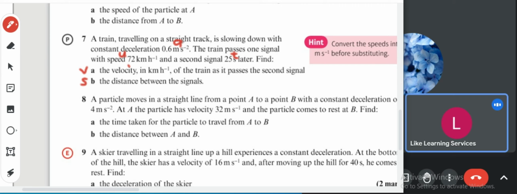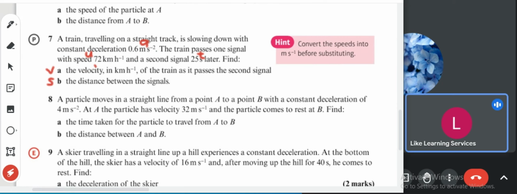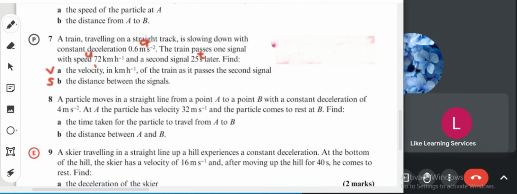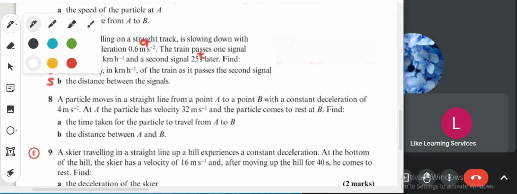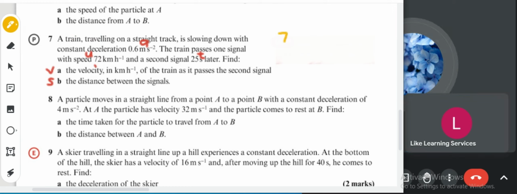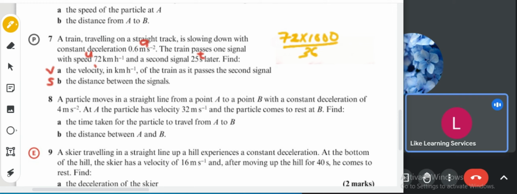Which equation? We need to do the conversion first. Convert this to SI unit, because the acceleration is given in meter per second. Are you getting what I'm saying? Yeah. Let's convert 72 kilometer per hour to SI unit. That must be 72 times 1,000 over 3,600.